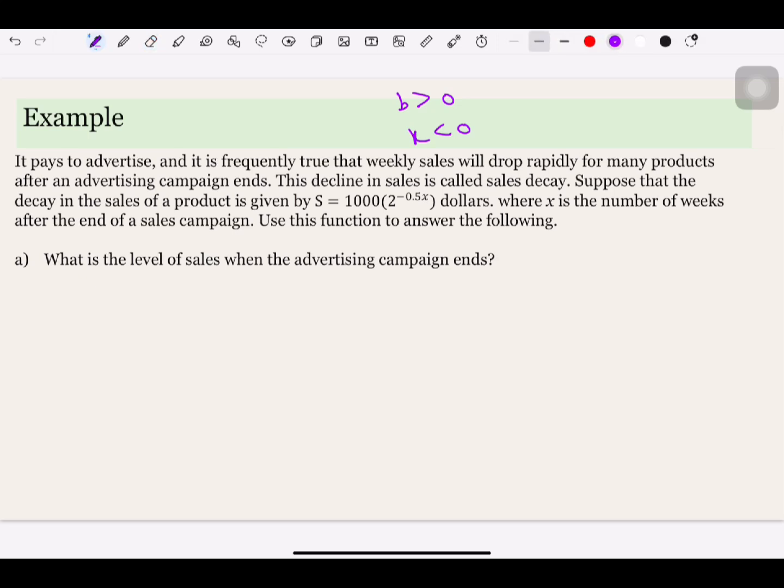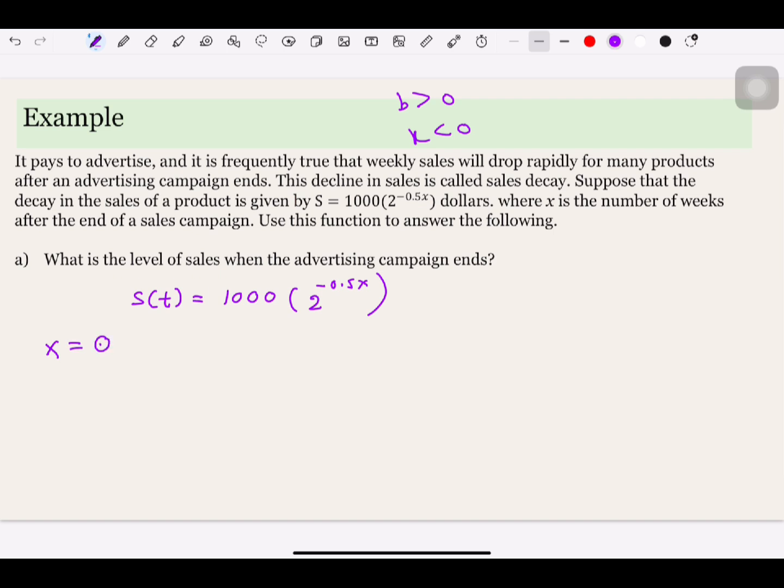Okay, the first part you have to answer is: what is the level of sales when the advertising campaign ends? First, let's write our function, which is 1000 multiplied by 2 to the power negative 0.5x. If you're looking at the level of sales when the campaign ends, that means you're looking at x equals 0.